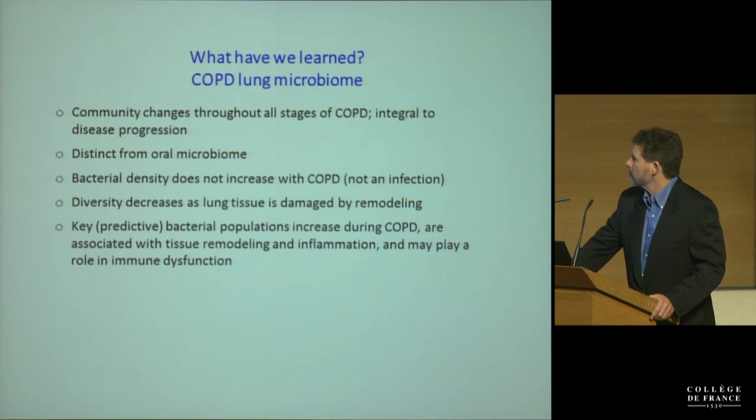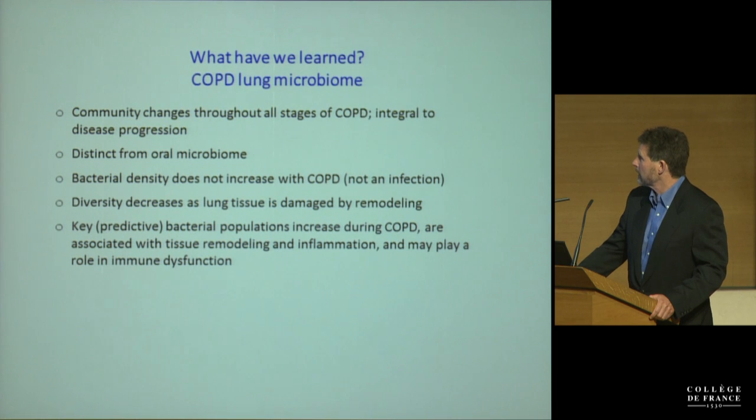And again, there are key predictive bacterial populations that increase during COPD. In this case, they're associated with the tissue remodeling and inflammation, and they may play a role in immune dysfunction. And again, I think it's important for us to understand whether this very sparse population could have a key role in this disease.